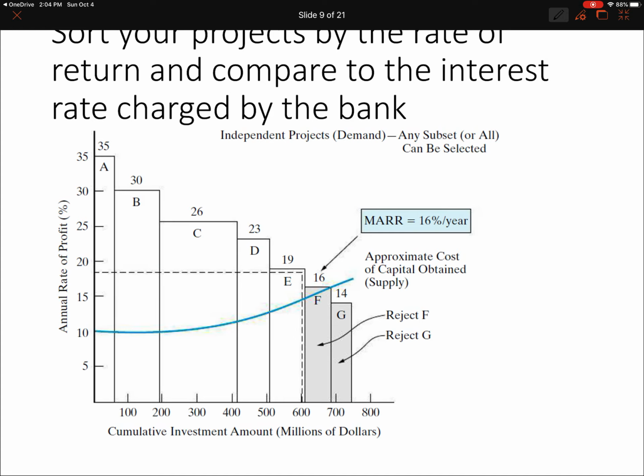Now let's imagine you have all the projects aligned on this chart, ordered by their rate of return.